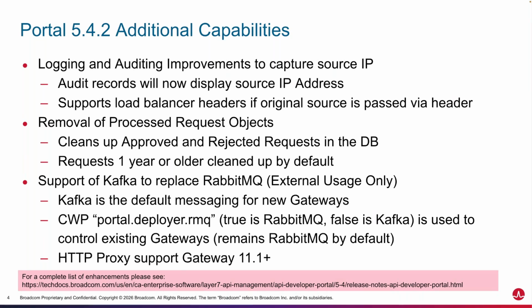It really hasn't been a major problem, but it's something we wanted to get ahead of. So with this new release, any request that's already been approved or rejected that's older than 1 year will be automatically cleaned up. And there is a configurable setting if you want to change this behavior, if you want to have it happen sooner or later, or not at all, you can control that. And that's a documented set of settings.